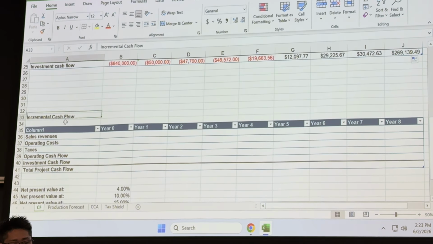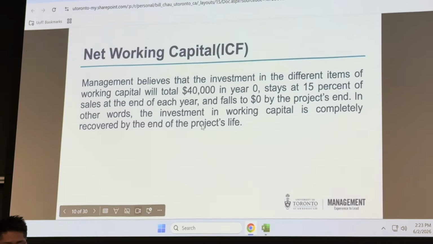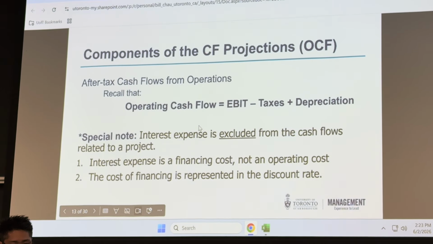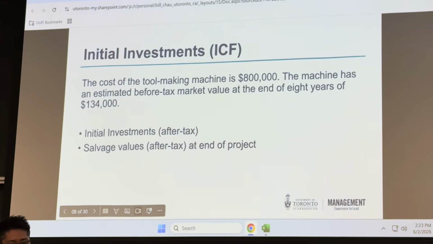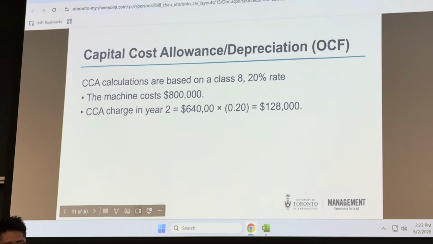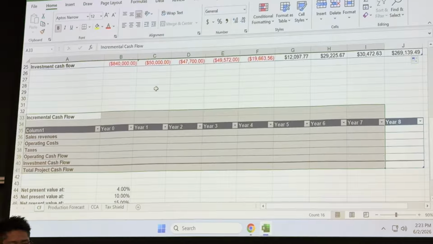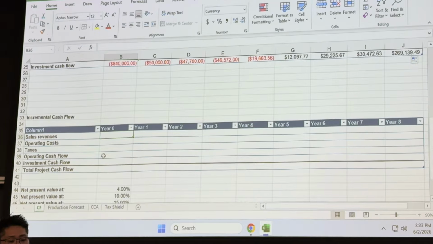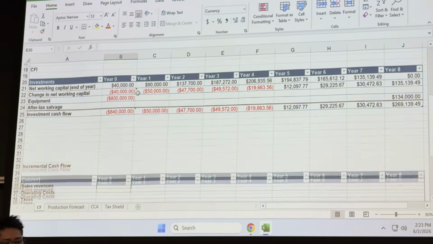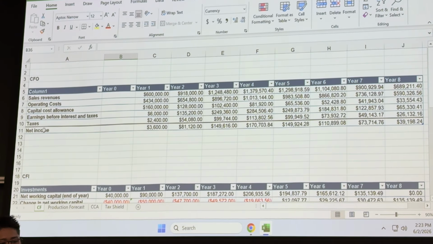Now, this is called the incremental cash flow. That's fine. I'll just show you how to do this. Incremental cash flow is the combination of OCF and ICF. However, OCF, here's the deal. What we have in this table is net income.